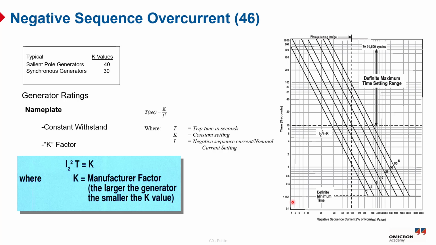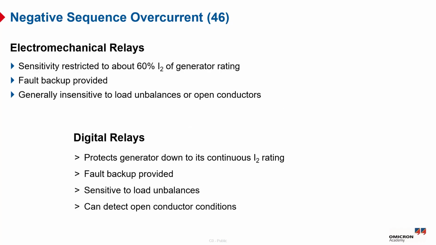The memory feature of this relay allows 250 seconds to empty the accumulated I2 squared T from the value just below the K setting of the relay. In summary, we have two main types of negative sequence relays, electromechanical and electronic. The electromechanical relays are less sensitive and mainly provide backup protection due to a higher pickup threshold, around 60% of the rated current.